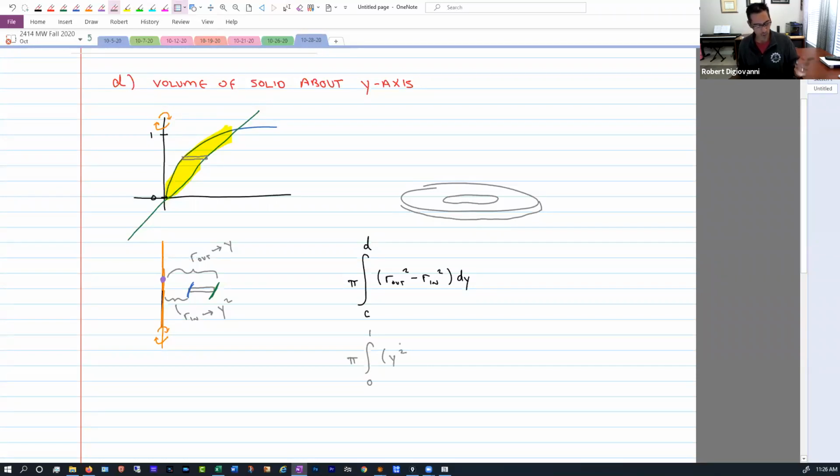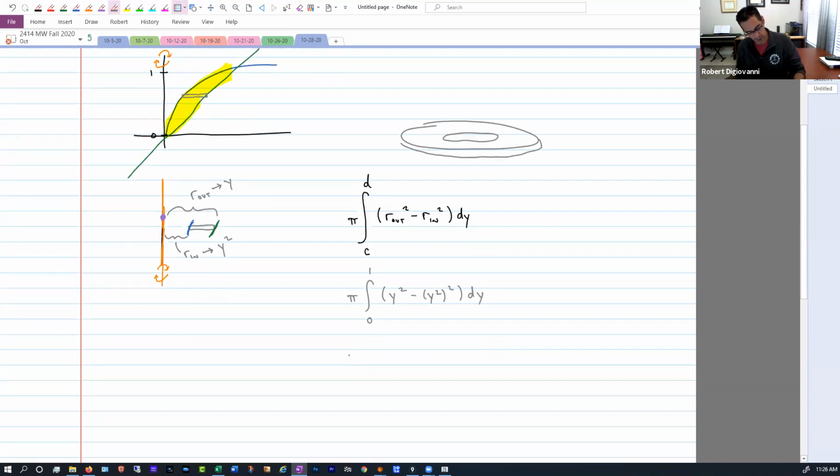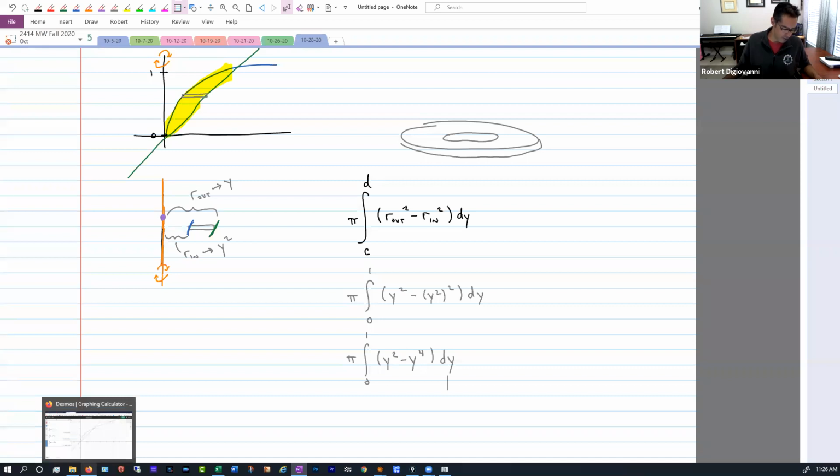We take the y and then square it. And then the inner radius, which is y squared, squared, dy. So this is pi integral 0 to 1 of y squared minus y to the 4th, which of course we could do by hand, but I'm just going to use the computer again.